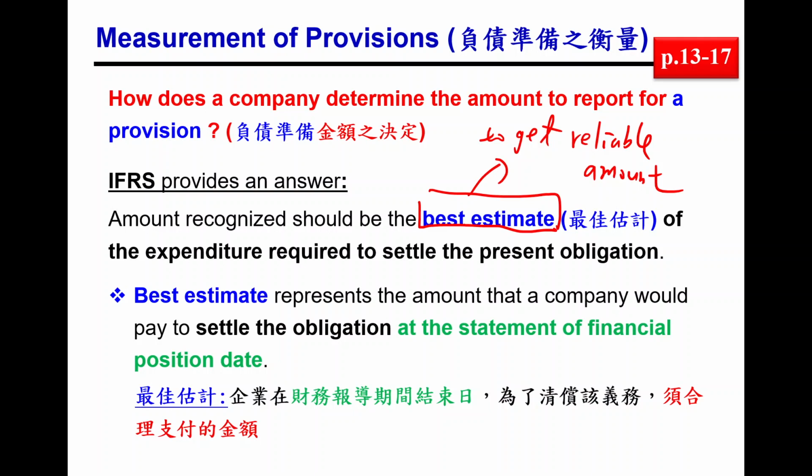You try to get your best estimate, your reliable amount, and report it on financial statements. So don't forget, getting your reliable amount is on this date. Okay, why? Because we want to report it on financial statements. So which point of time is still very important.